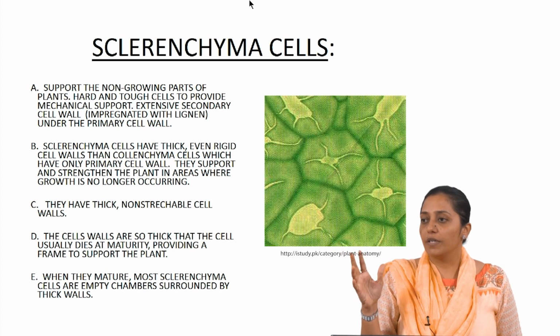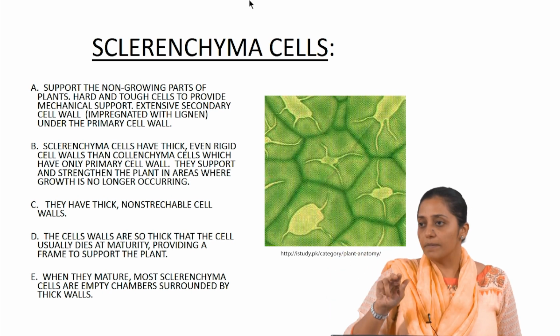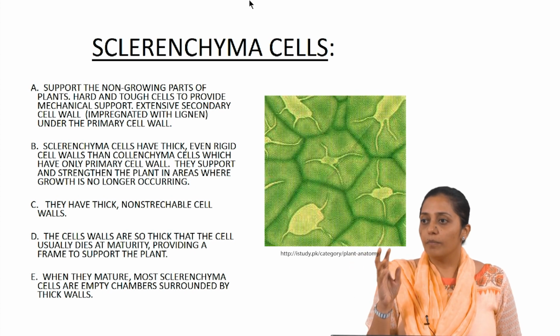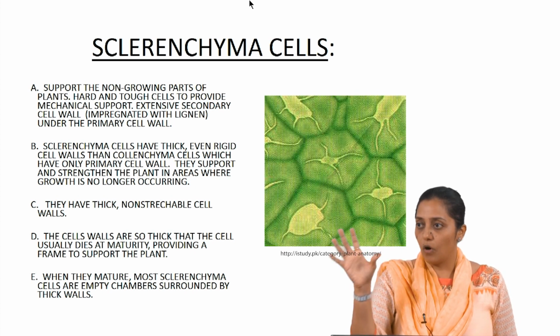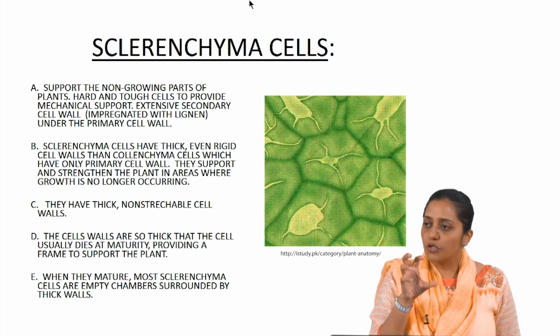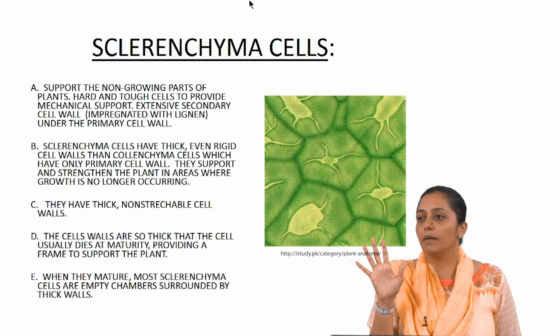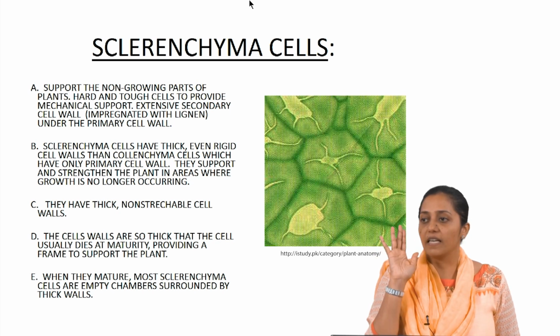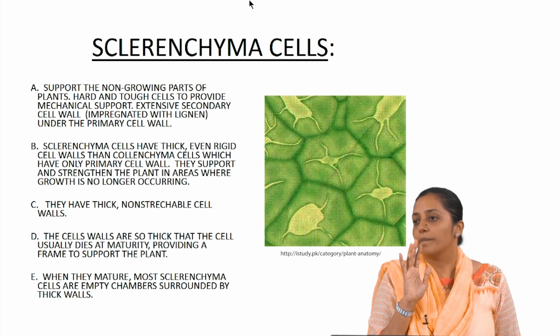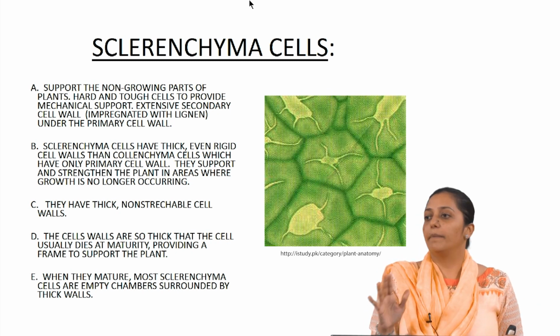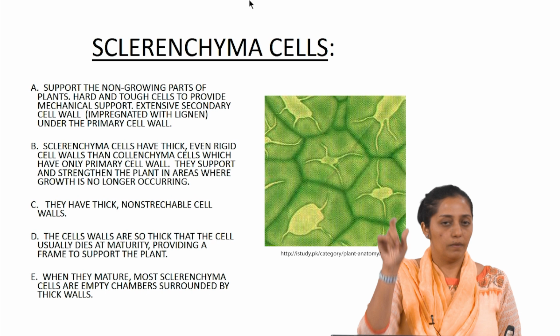At maturity, the secondary wall develops, and in the secondary wall there is a large amount of lignin. Because of the thickness of the plant cell wall, gradually you'll find that the cytoplasm will be lost and they'll become empty cells, empty chambers.